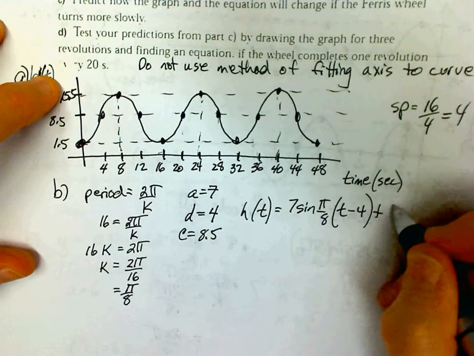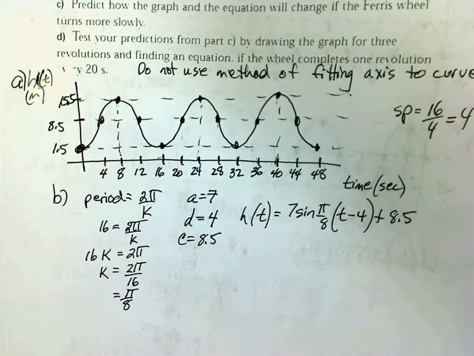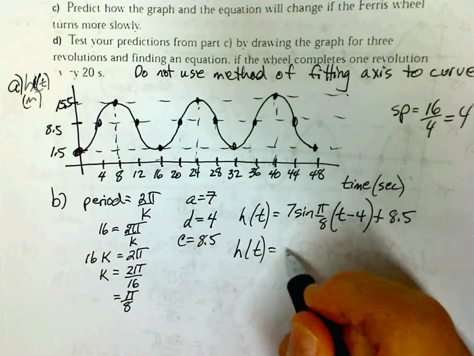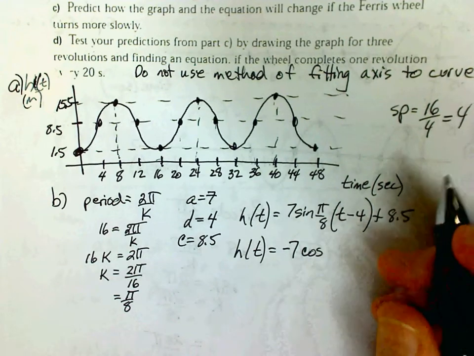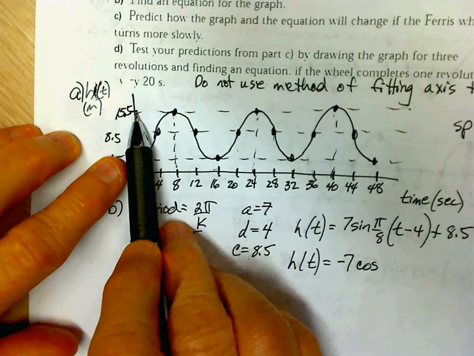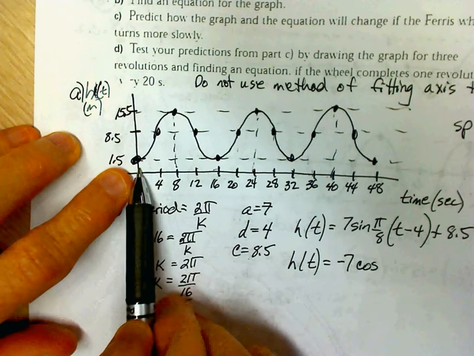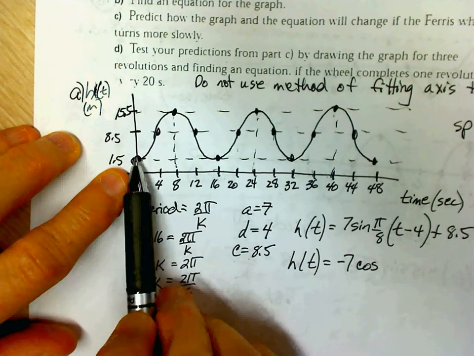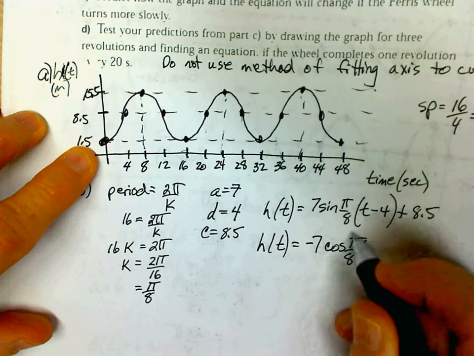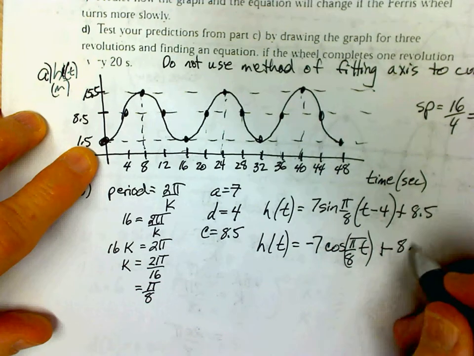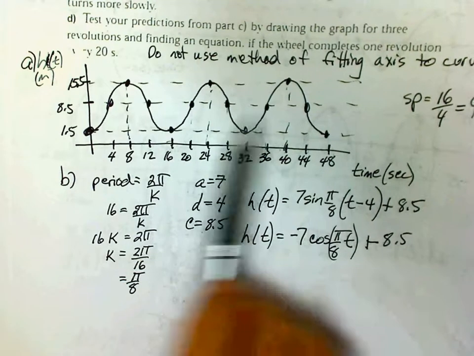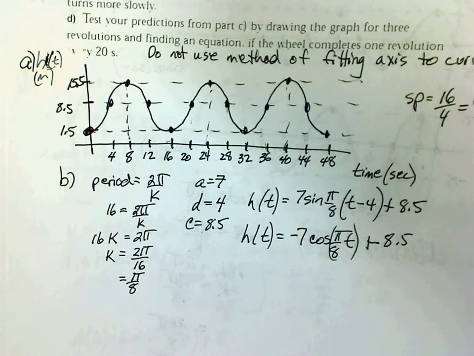Now if we write this as a cosine function, the max usually starts there, but it's just a negative A, right? With no phase shift. How many equations do you think we have? How many equations are possible for these functions? There's an infinite number.